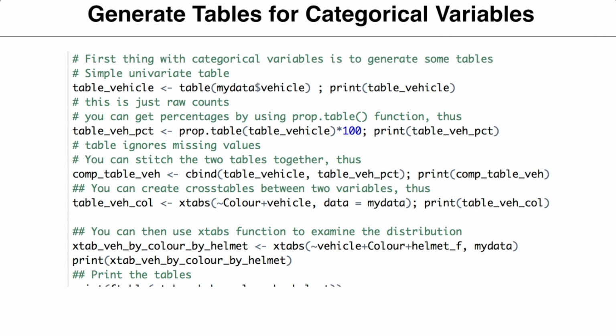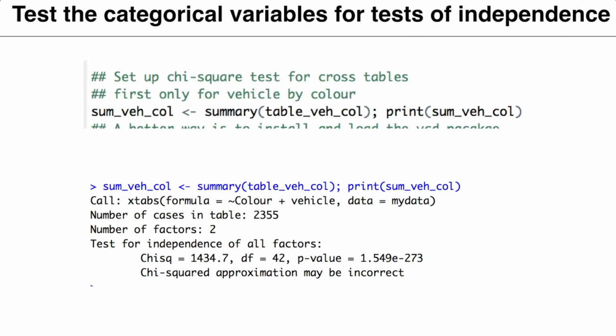What is also very important is that you can actually do a number of different things. One is, of course, you can then do some tests of independence, and the way to do that is you can use a summary function, and a summary function will run a test of independence, in this particular case chi-square tests of independence, and we shall be seeing some of the other tests of independence that you can do, and you can easily then produce all the reports and results.